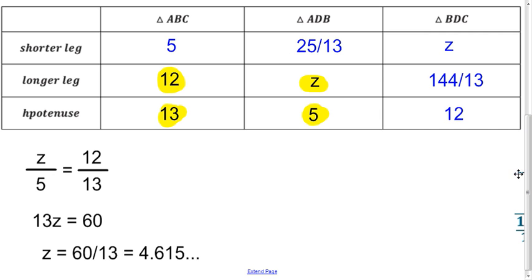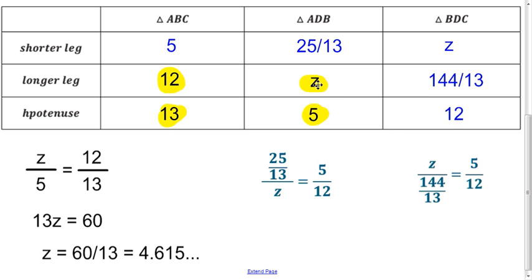Another proportion you could have written: you could have said 25/13 is to Z as 5 is to 12. I like to avoid the fractions, though, because we had nice integers here. You could have said Z divided by 144/13 equals 5/12. You solve either of these, you will get the exact same answer for Z.